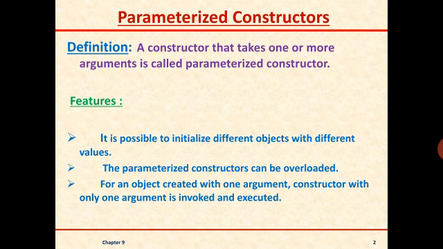This is very important, students. Second feature is that parameterized constructors can be overloaded. And the third is that for an object created with one argument, the constructor with only one argument is invoked and executed. To understand these characteristics, we have to consider one programming example.